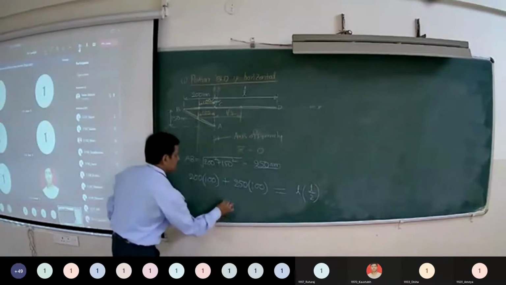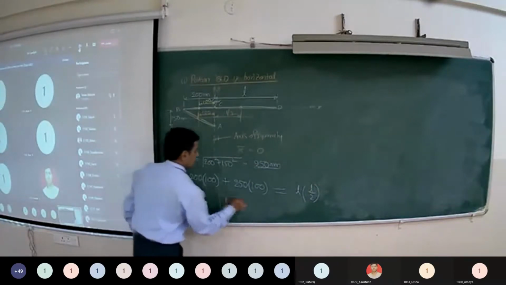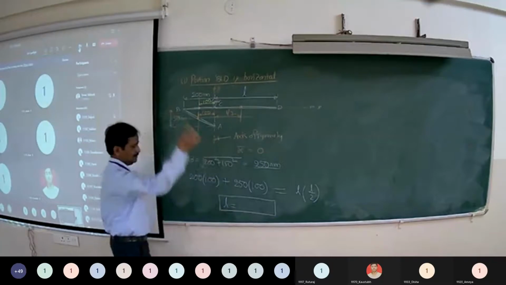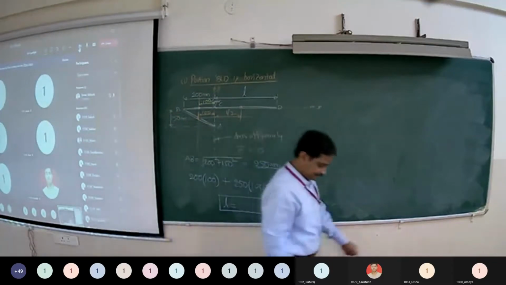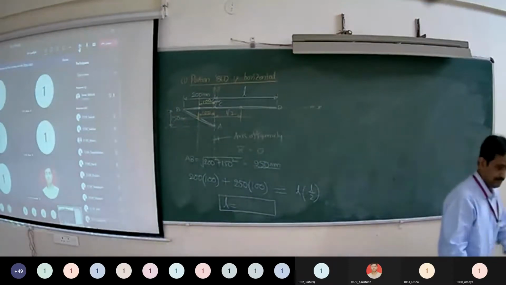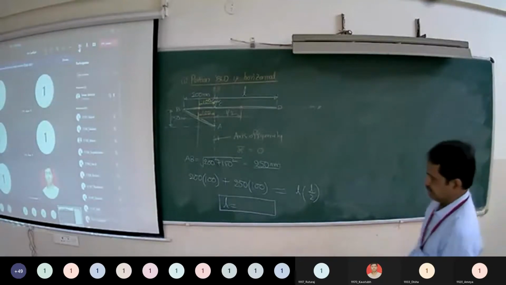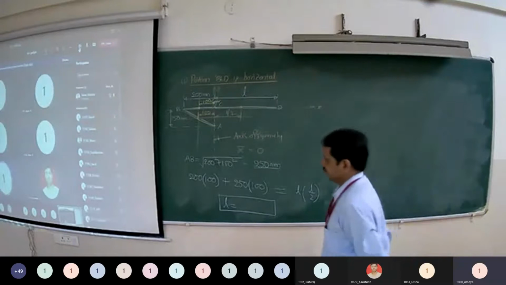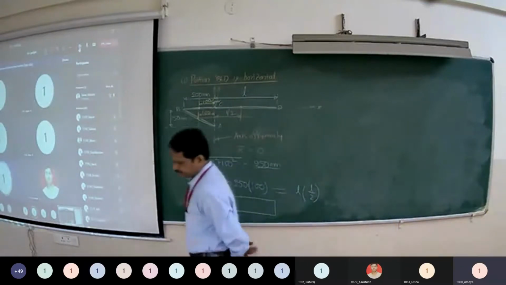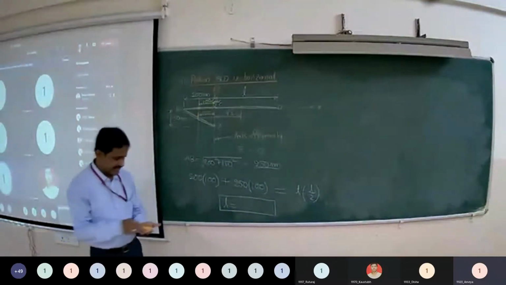Solving this equation, we can get L. So L is equal to 300 root 6.